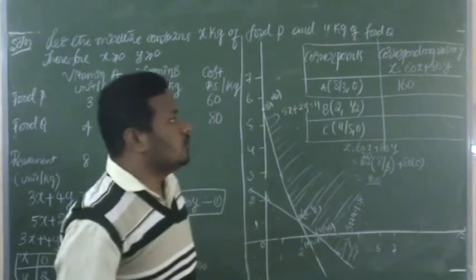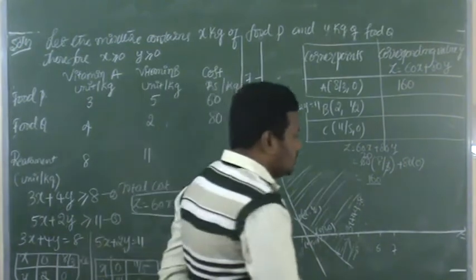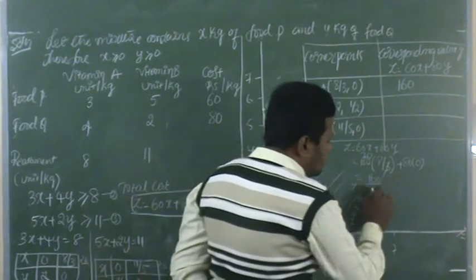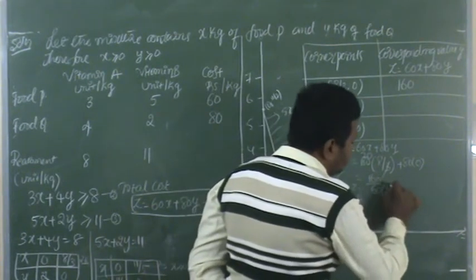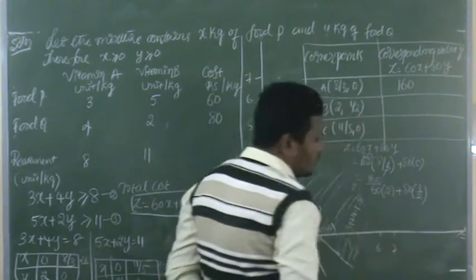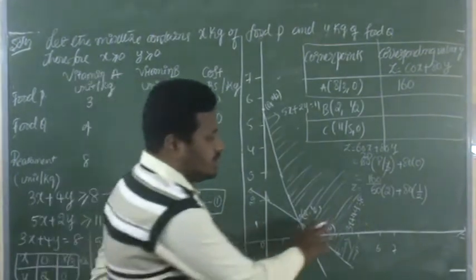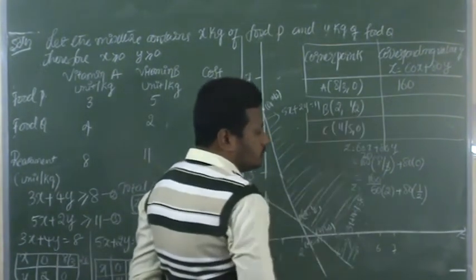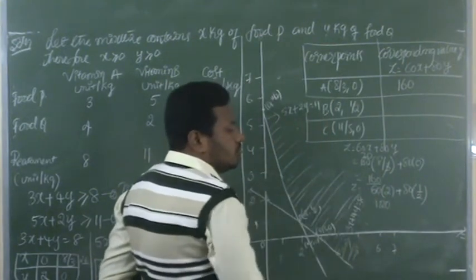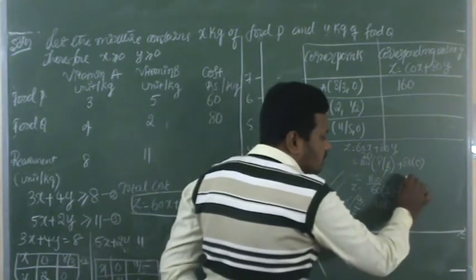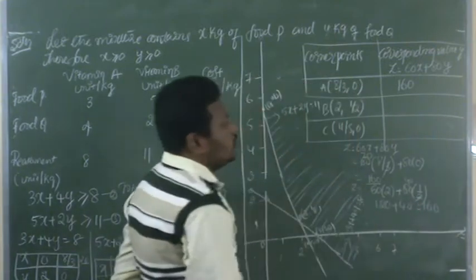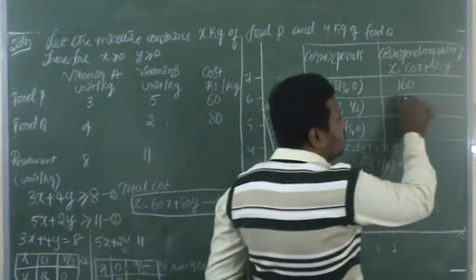Here point A gives 160. Similarly for point B, we substitute 60 into 2 plus 80 into 1 by 2. This is 120 plus 40, which equals 160. Point B gives 160.